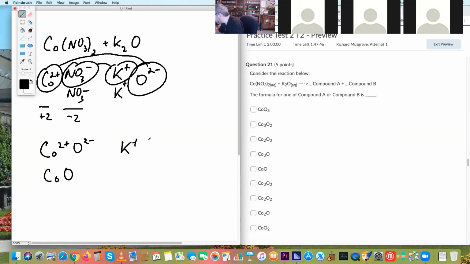And then we'll have K plus and NO3 minus, which will produce KNO3. So the thing here, and it was very similar to what we just did, you're just taking one of each to balance them out, remembering that the whole thing will end up being balanced if we balance the entire reaction at the end. So the answer here would be CoO, this one here.